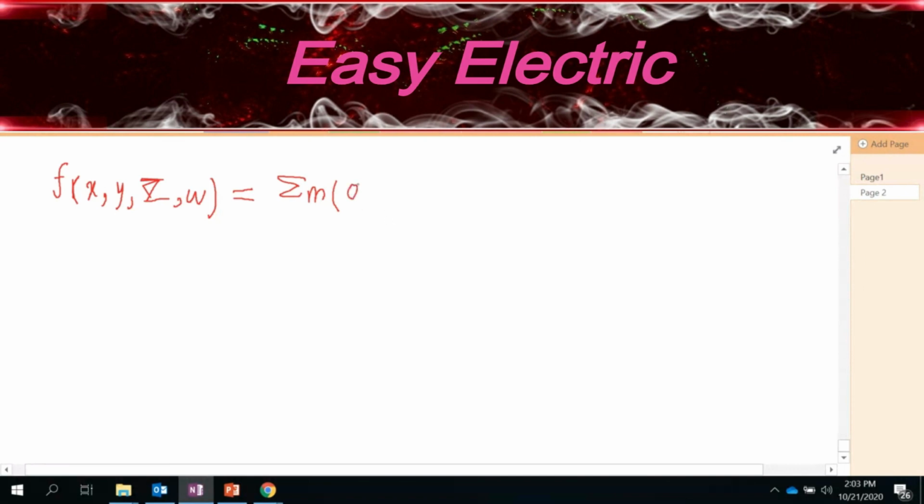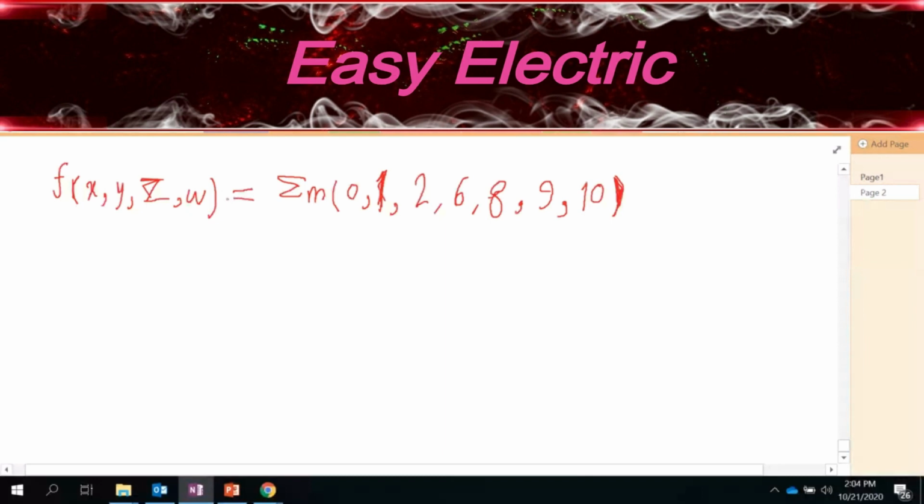We have 0, 1, 2, 6, 8, 9, and 10. Okay. So the question is, simplify this function using the K-map.